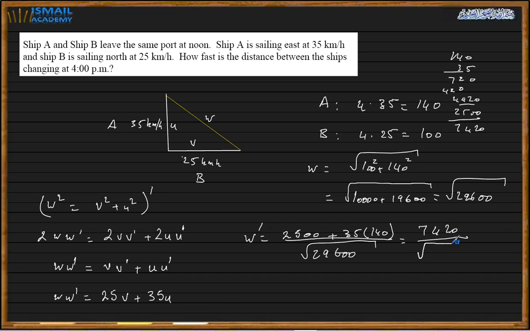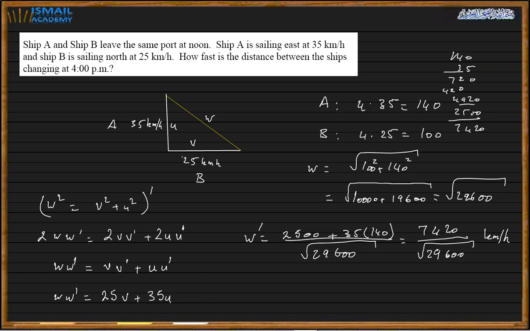You can simplify this or leave it like that. And this is in kilometers per hour, because this is the unit they use for the speeds. So this is how fast the distance between the two ships is changing.